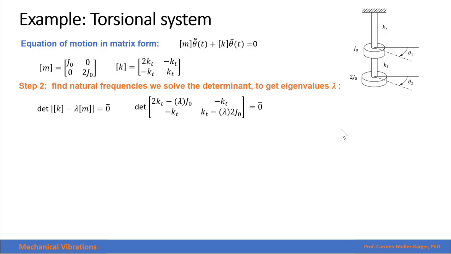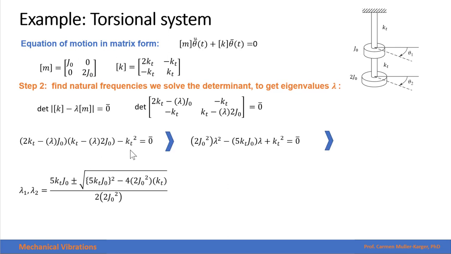The second step is to find the eigenvalues of the problem by finding the determinant of this matrix, which is the stiffness matrix minus lambda times the mass matrix. That gives us the characteristic polynomial, which is a second order polynomial, and using the quadratic equation we can find the roots of that polynomial.